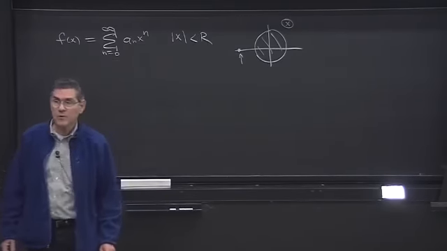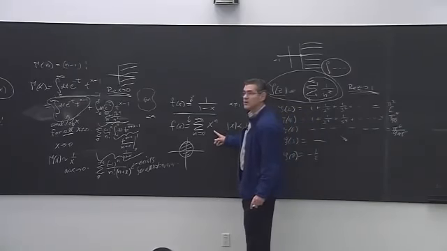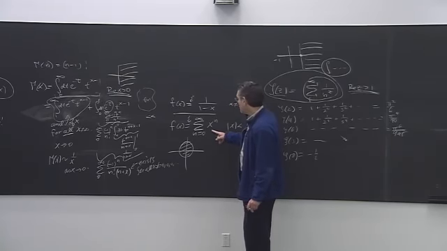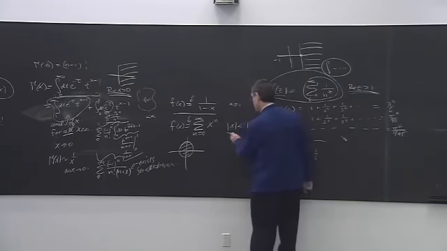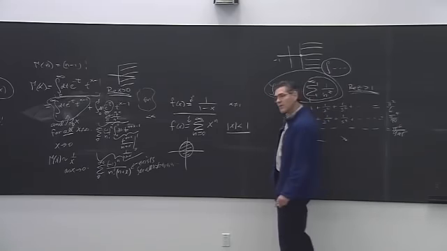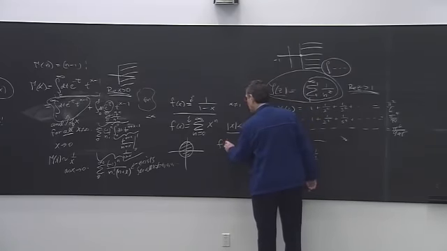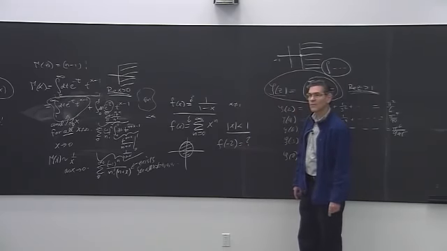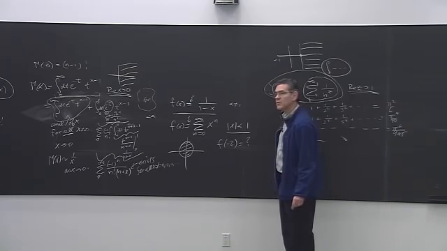So for example, over here I have a series. Okay? But this series doesn't exist. This series exists only for x less than 1. What if I want to know f of minus 2? Okay? I can't calculate it from the series.